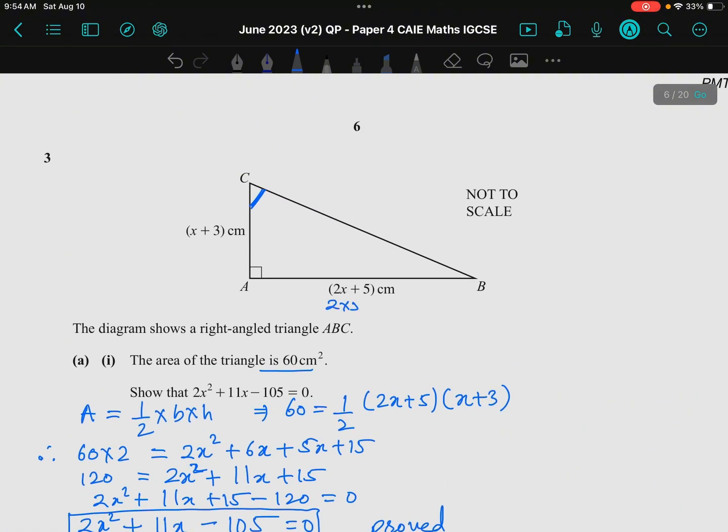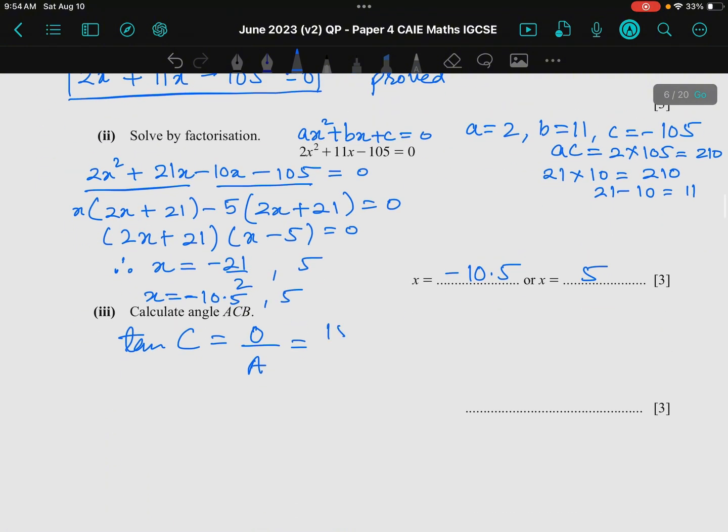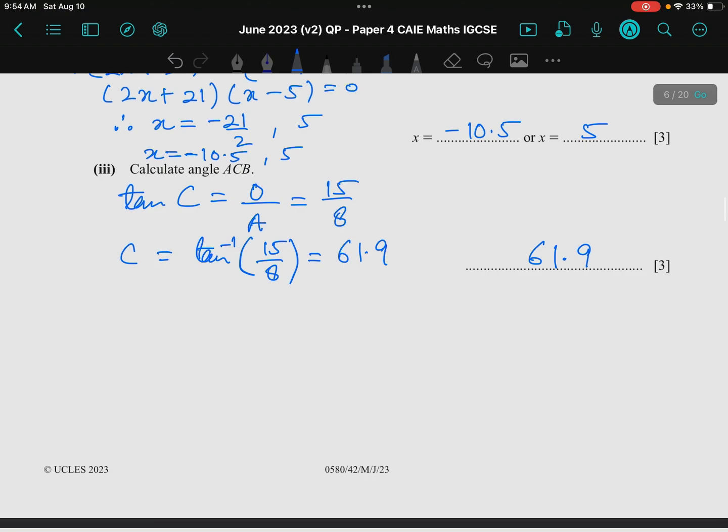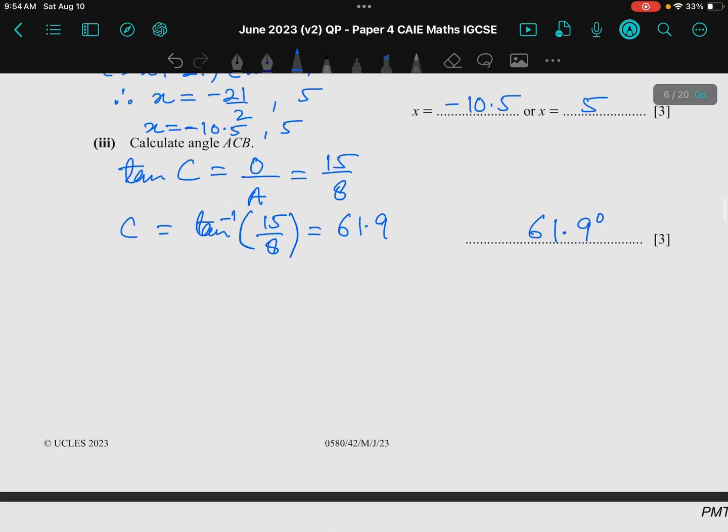So it is 2 into 5 plus 5, giving back 15. And here 5 plus 3, which is 8. So opposite is 15 and adjacent is 8. That means C is equal to tan inverse 15 upon 8. So my answer is 61.9 degrees.